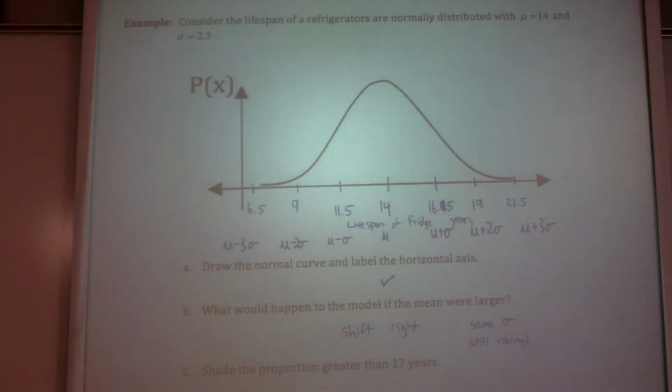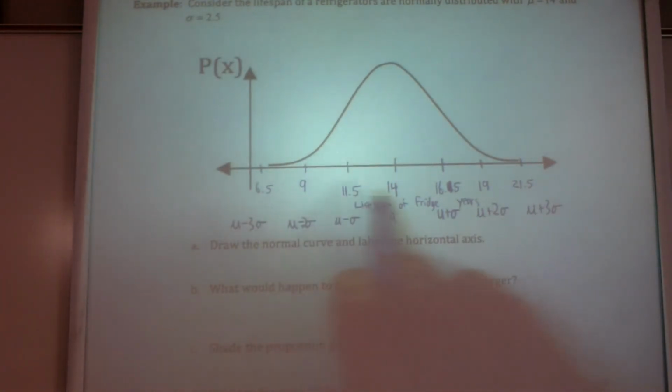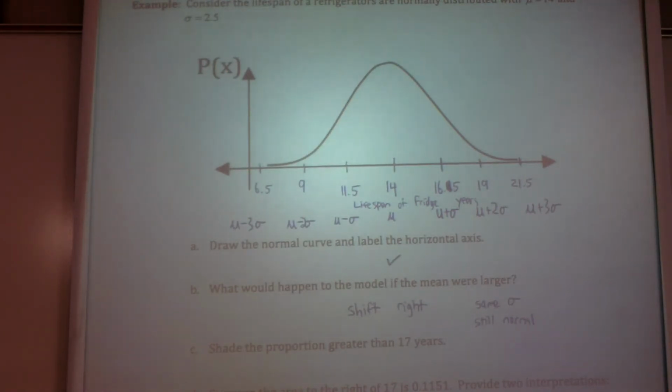Okay, now let's keep following on here. On C it says, shade the proportion greater than 17 years. So where is 17 at? It's not one of these exact standard deviations. When we've done these before, it says what percent of fridges last between 14 and 19, and we could then use 68, 95, 99.7, fill in those individual percentages, and then figure it out.